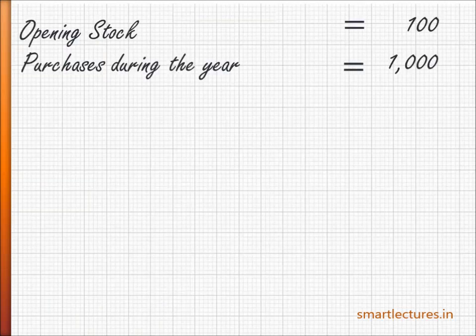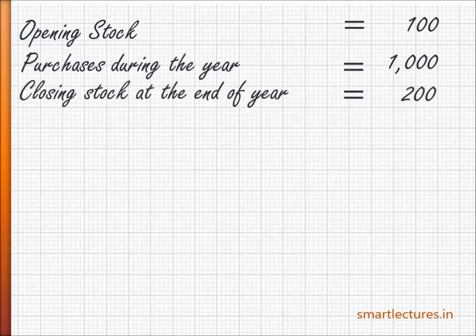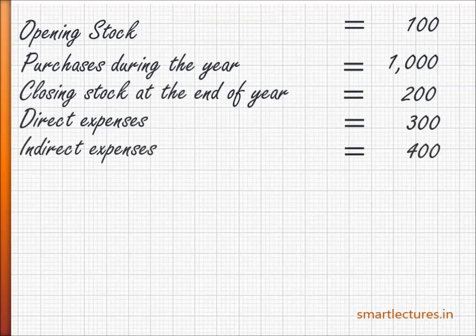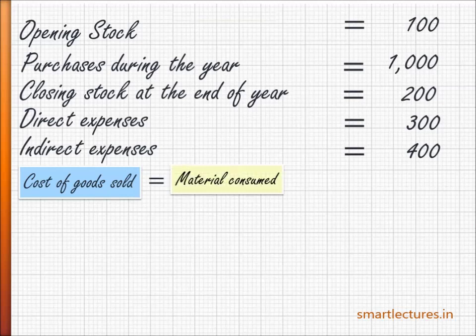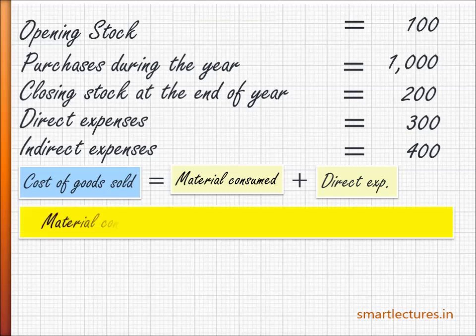So in this example, suppose opening stock is rupees 100, purchases rupees 1000, closing stock 200, direct expenses 300, indirect expenses 400. So what will be the cost of goods sold or direct cost? That will be material consumed plus direct expenses. Material consumed will be equal to opening stock plus purchases minus closing stock.